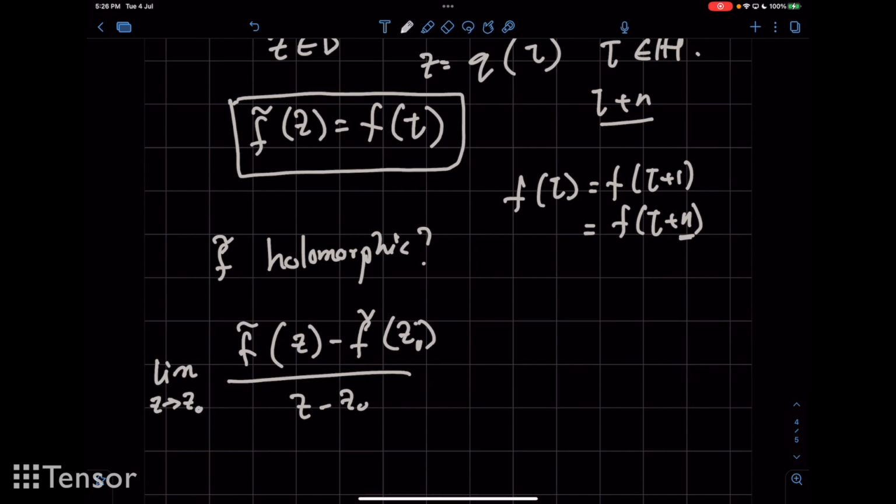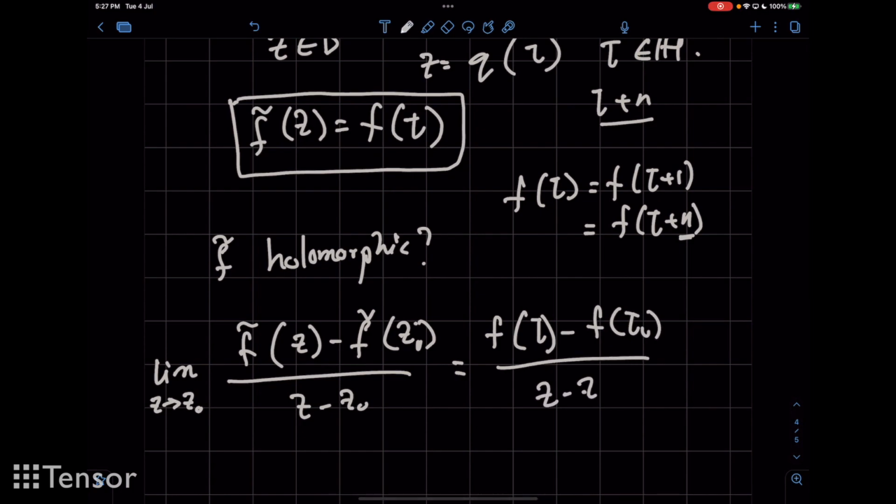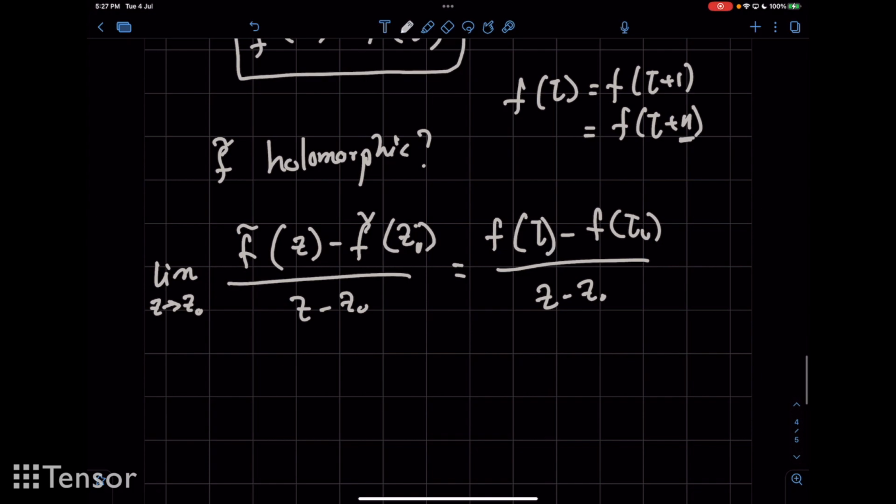So basically we've taken any z naught and z, and we can write it like f of tau minus f of tau naught divided by z minus z naught. And what are tau and tau naught? So z is equal to q of tau, and z naught is equal to q of tau naught.